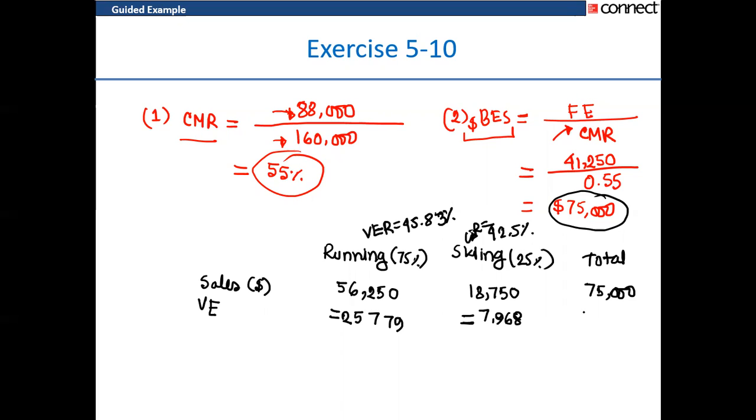And you are saying the total amount should be 33,748. So we see that it is the contribution margin now. Someone is saying that it is 25,780 and 7,969 for Skyeng.